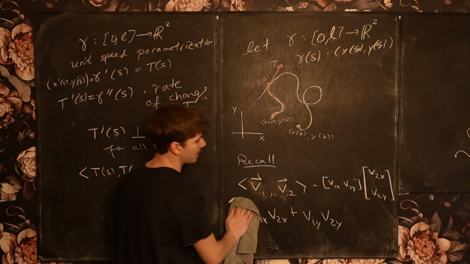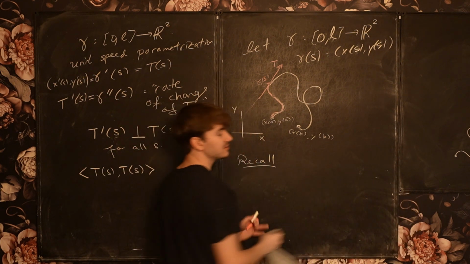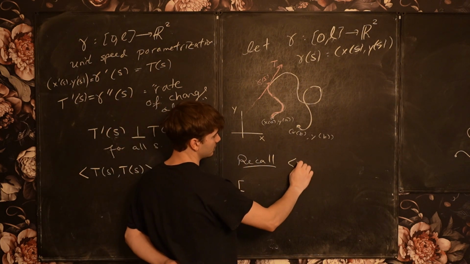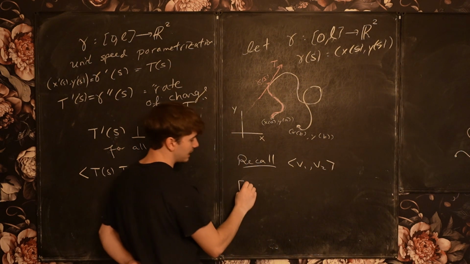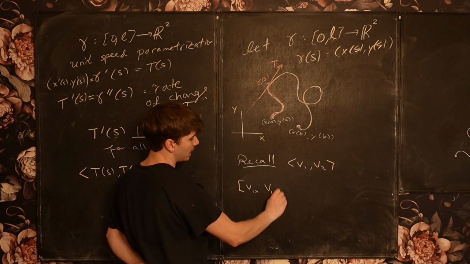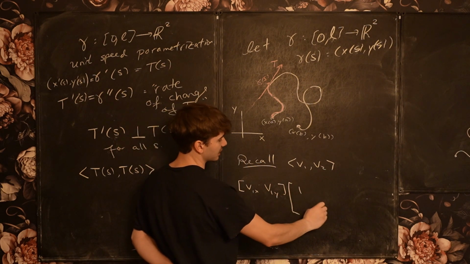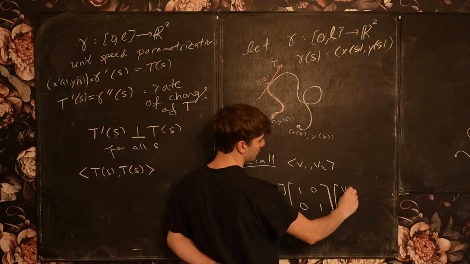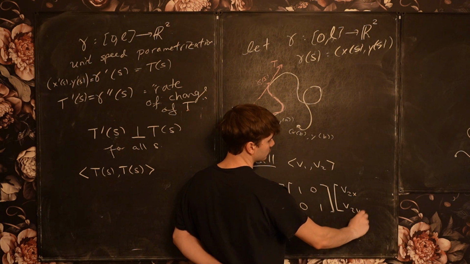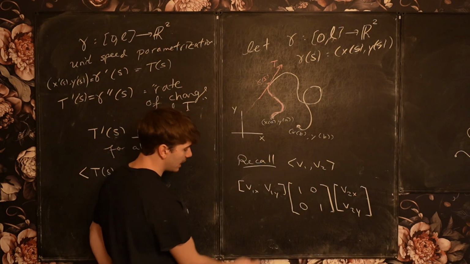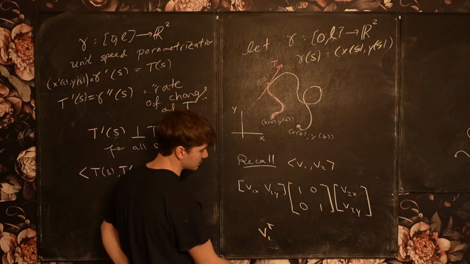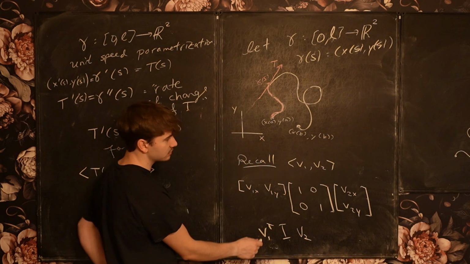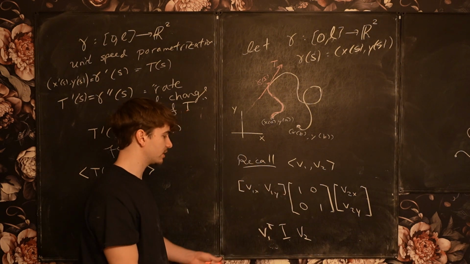And real quickly, just because we're on the topic of Riemannian geometry, this inner product should really be thought of secretly as v1x, v1y, then an identity matrix sitting in between the two vectors, then v2x, v2y. Essentially, I can view this as v1 transpose times the identity matrix times v2. This is the definition of the Euclidean inner product of v1 and v2.